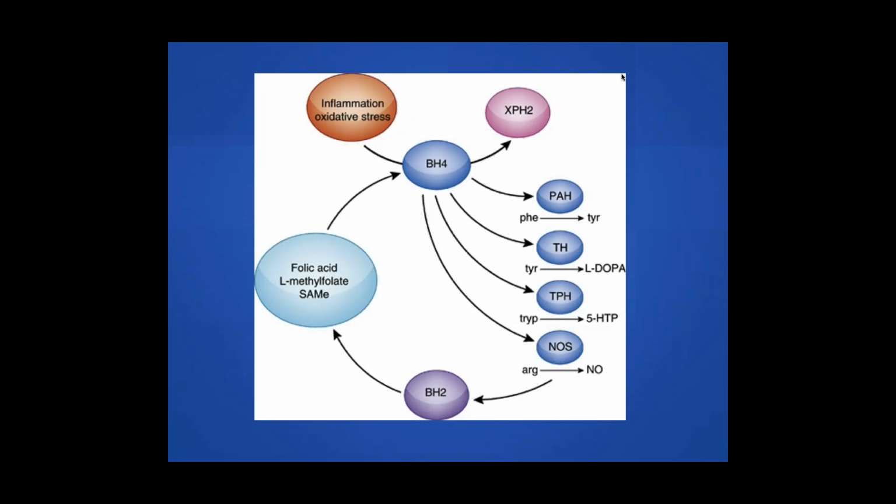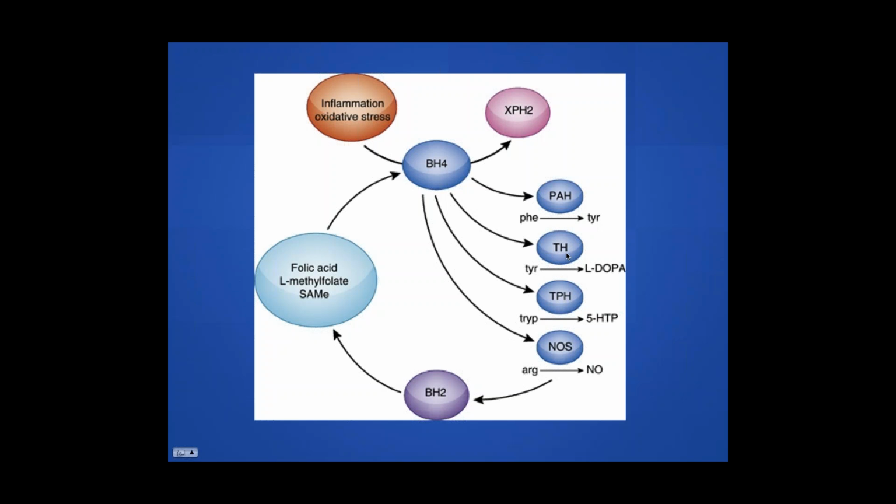So again, here we look at inflammation and oxidative stress, which will cause BH4 to be depleted. And BH4 is also involved in the production of tyrosine from phenylalanine. The phenylalanine hydroxylase enzyme is activated by BH4.